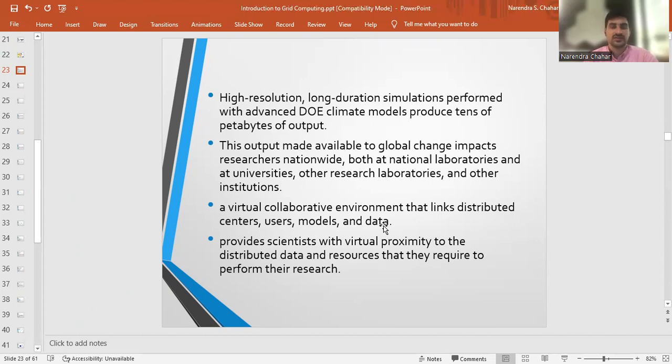A virtual collaborative environment that links distributed centers, research, models, and data provides scientists with virtual proximity to the distributed data and resources that they require to perform the research. So it's just providing the data to perform the operations or for some experiment purpose.